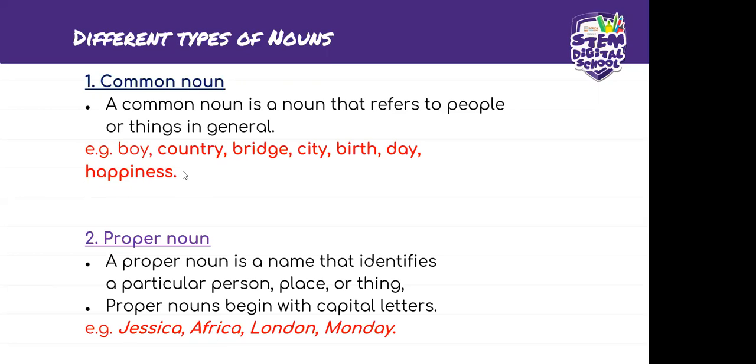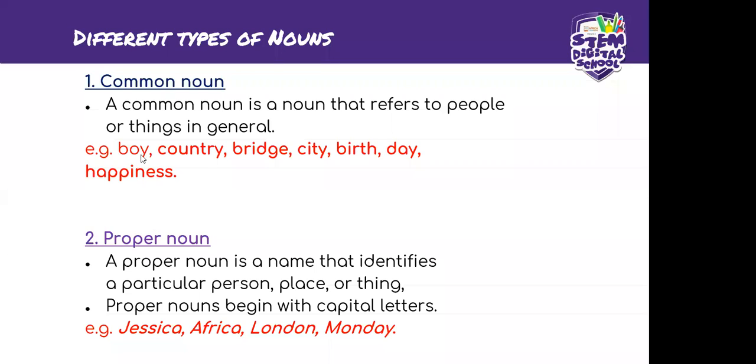Proper nouns we write with capital letters, and common nouns, because they're general things and do not necessarily identify any specific thing, we wrote in small letters. But if we are identifying these common nouns, then we would use capital letters and they become proper nouns. Let me show you what I mean.